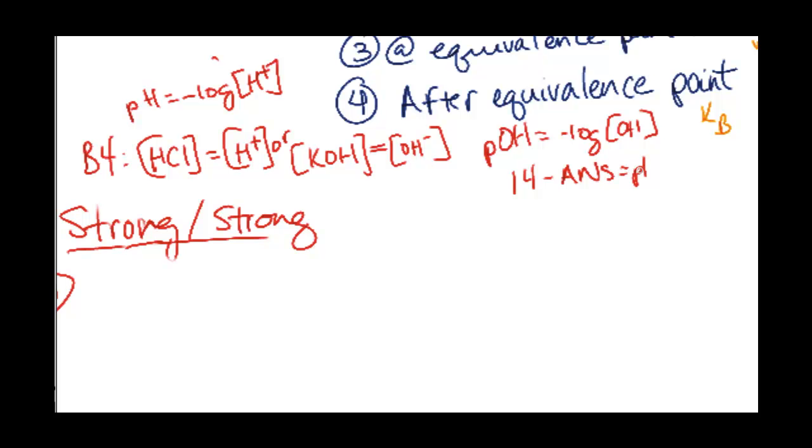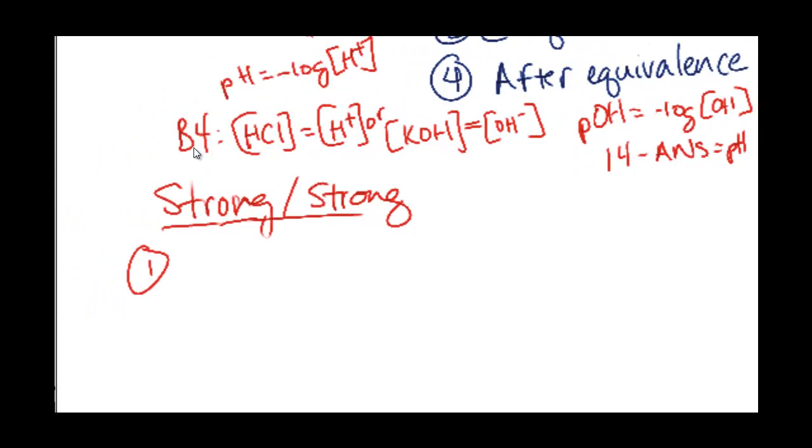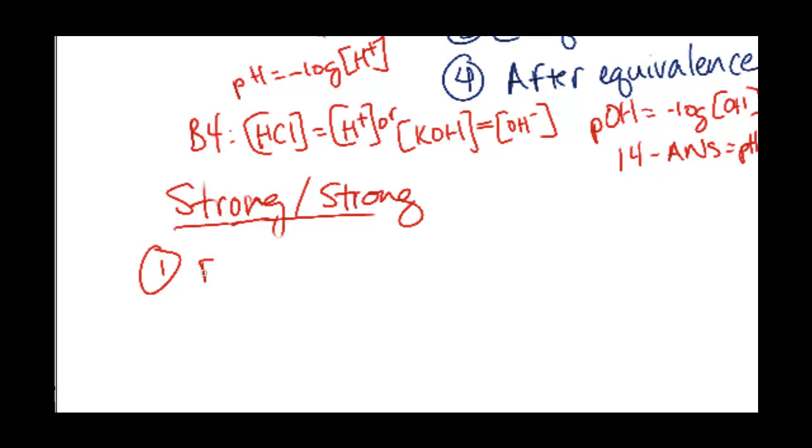to get pH. Okay, but during the titration, we have neutralization going on, so you would need to find moles of acid and moles of, actually, let's do it like this. Let's do moles of beaker and subtract moles of titrant. Okay, and what you're doing there is you're finding out how much did you neutralize.